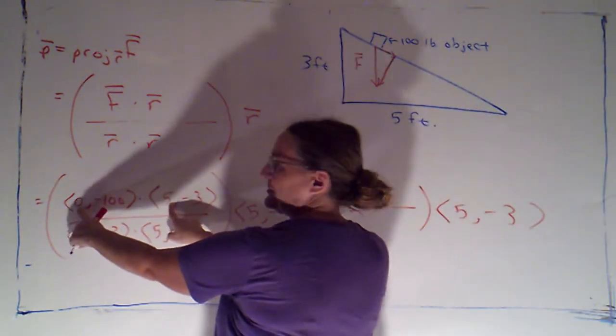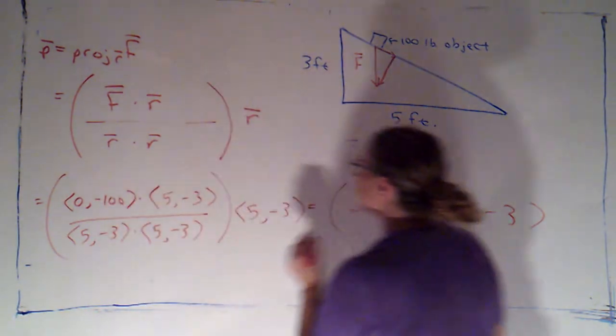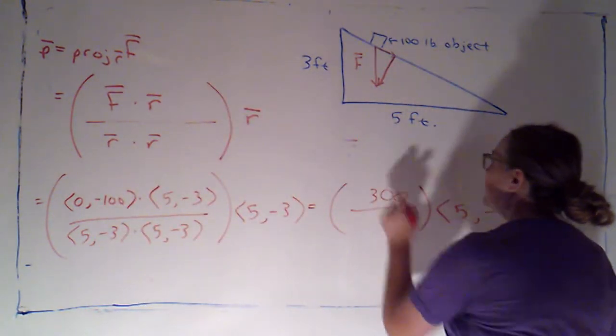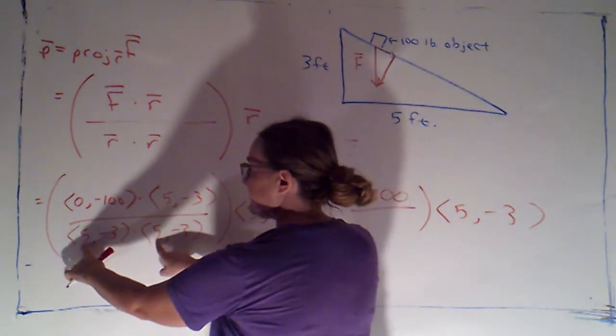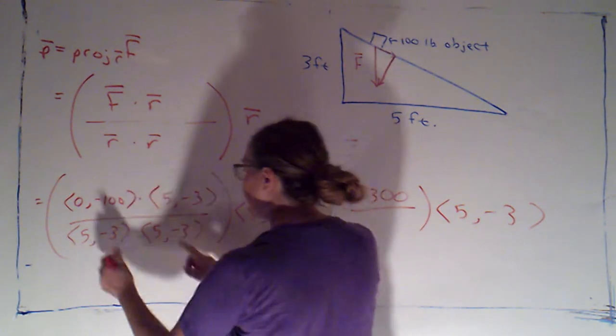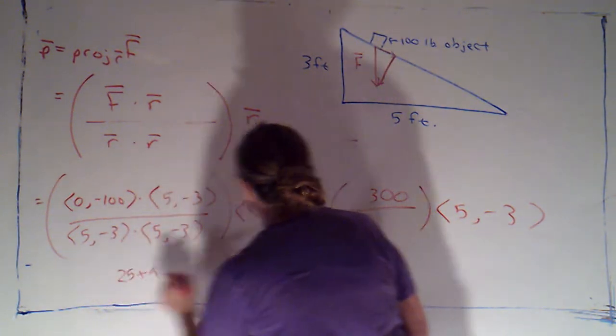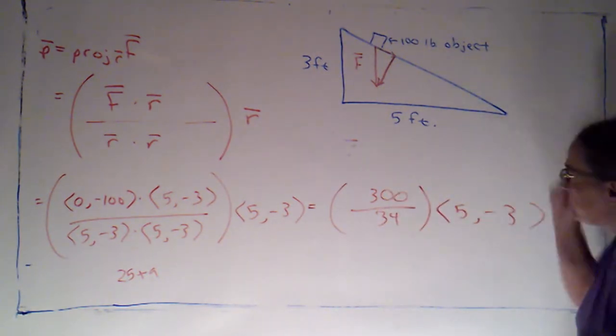Here, my first components are just going to give me 0, and then negative 100 times negative 3 will give me positive 300. On bottom, 5 times 5 is 25, plus negative 3 times negative 3 is 9, so I'm getting 25 plus 9, that's going to be 34. All right, I can reduce that.